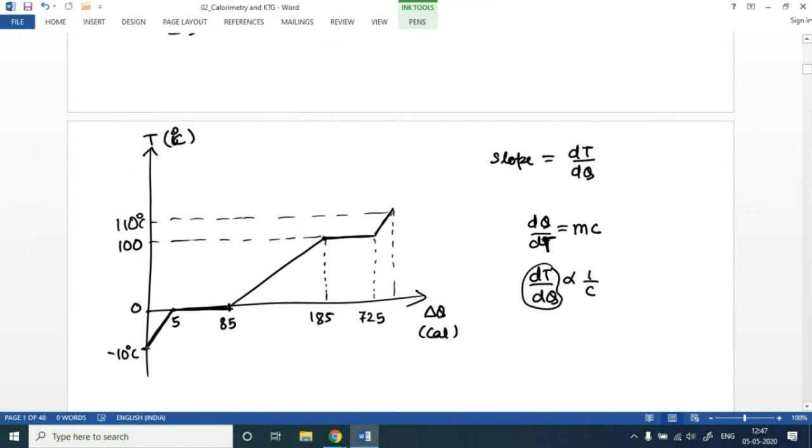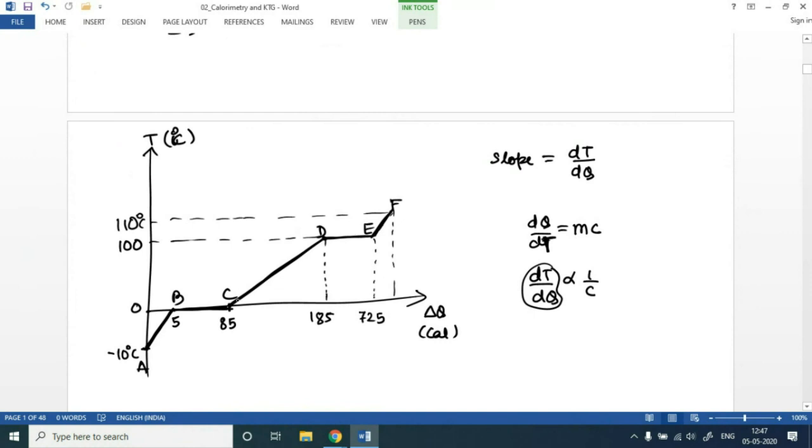For example, the slope of this line or this line will be double the slope of this line over here. Let's name these positions also. Let's say A, B, C, D, E and F. Okay, the slope of AB and slope of EF would be the same, because the specific heat capacity of ice and the specific heat capacity of water vapor are the same.